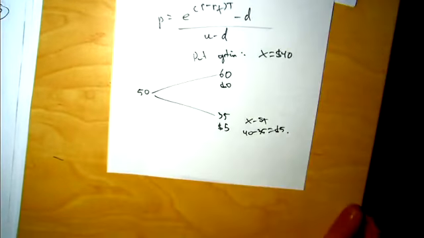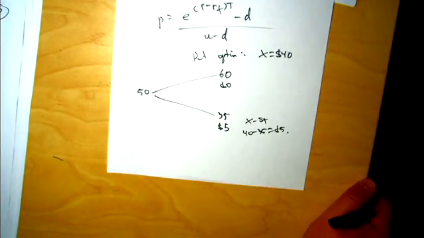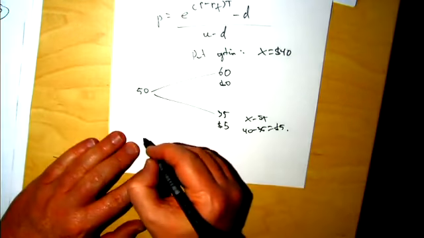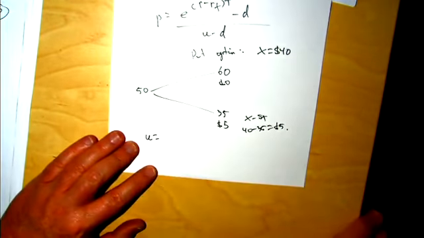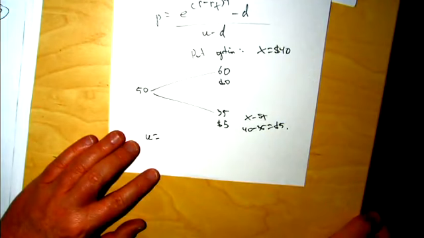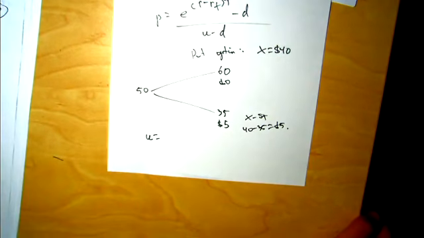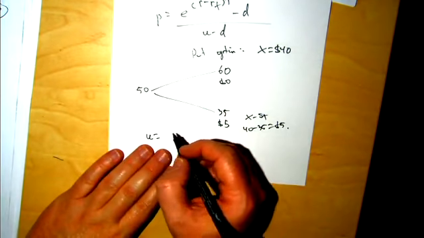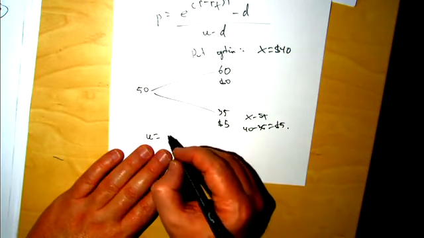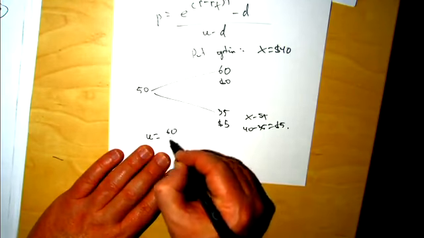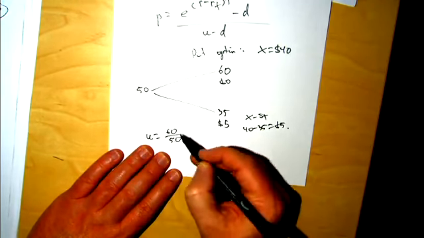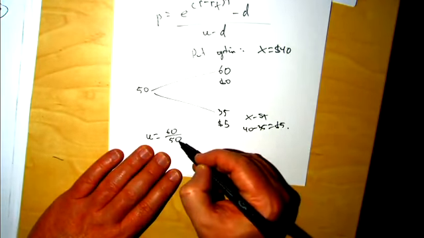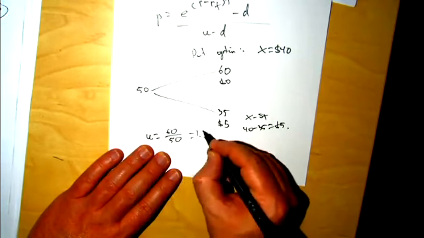Okay, so now I have to solve for P. What is U and what is D? How do I calculate U in this particular question? Remember, there are 3 ways to calculate it. Either I give you the percentages, I give you annual volatility, or I give you final prices. If it's final prices, U is going to be equal to what divided by what? Thank you, 60 divided by, so the final price if I go up, divided by the beginning price, which gives me 1.2.